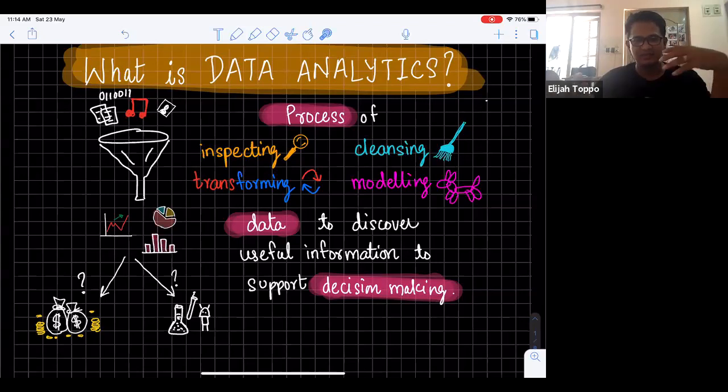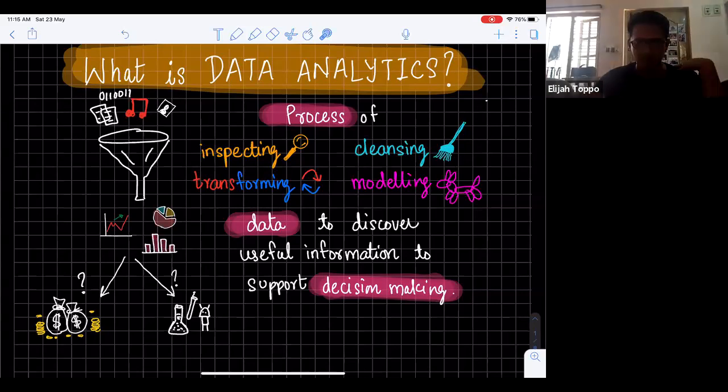There is a process where we convert that raw data into a more useful format. Data analytics is also about modeling the data. The next big term we'll look into is machine learning, where we'll see how we can represent the data as a function or an algorithm which can take the data and give us an output that is useful for us.